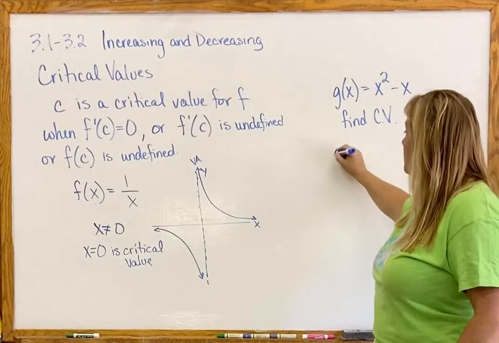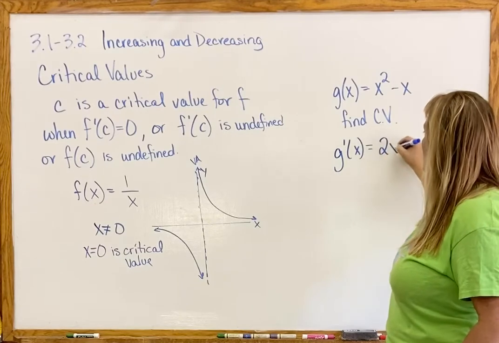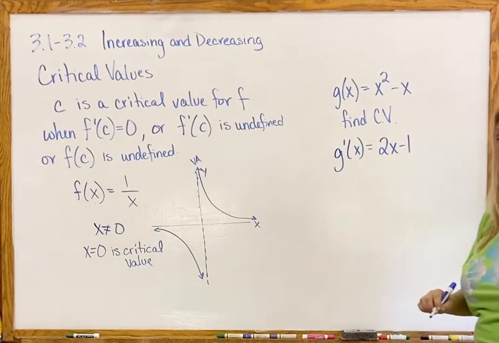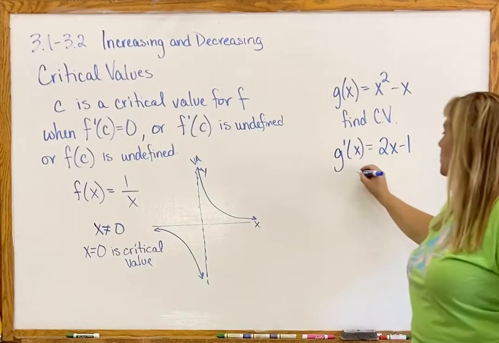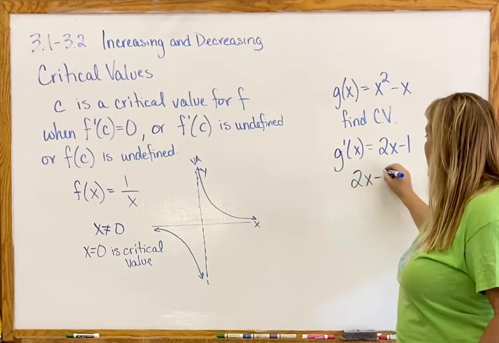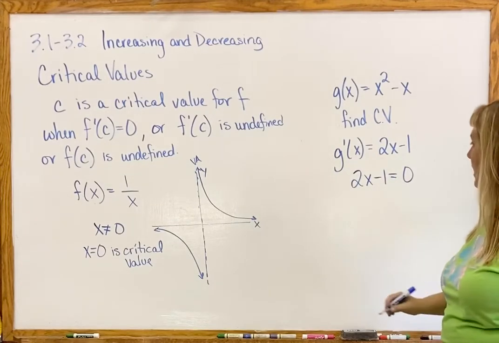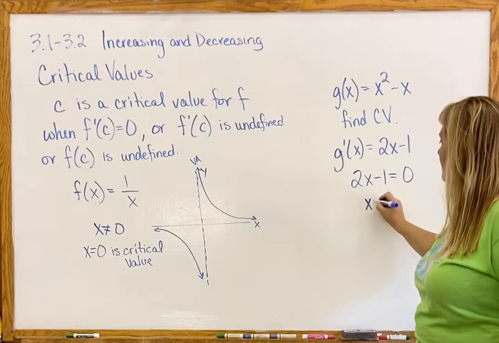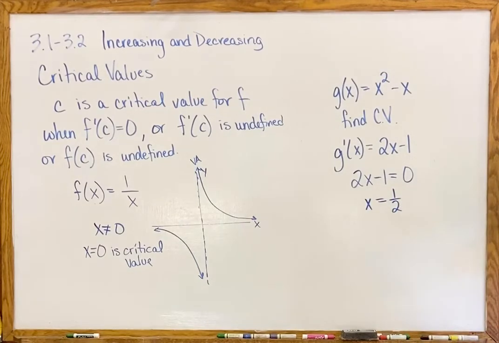So we find the derivative: g prime of x equals 2x minus 1. Then we want to figure out where something special is happening, so we set 2x minus 1 equal to 0, slide everything over, and we get x equals 1/2. So this graph has one critical value at x equals 1/2.